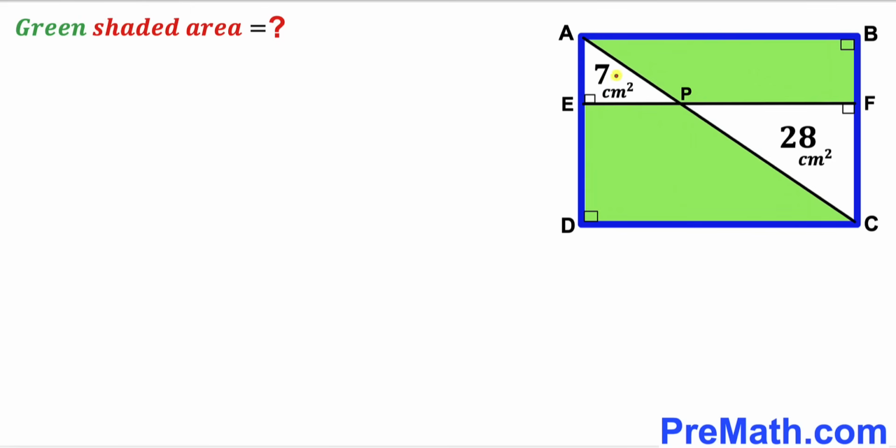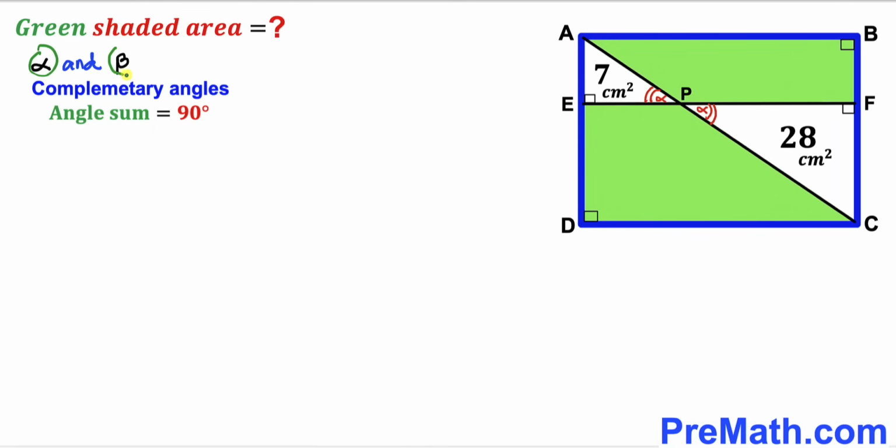Let's focus on these two right triangles, AEP and CFP. These two angles are vertical angles and they are congruent. If I label this angle as alpha, then this angle is alpha as well. Let's assume alpha and beta are complementary angles, so alpha plus beta equals 90 degrees.